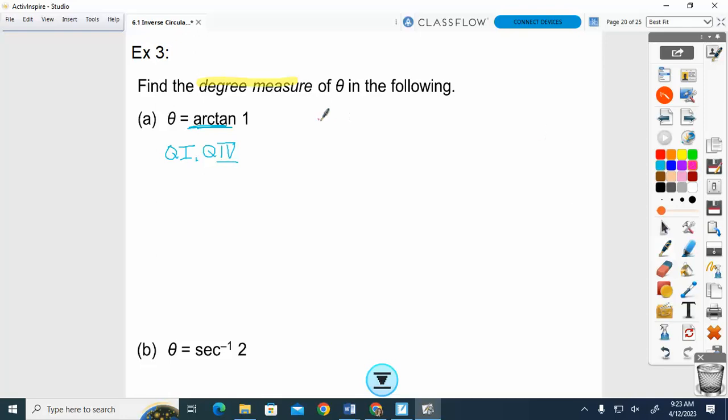What this means is tangent of some angle equals 1. We're finding that angle. If it's a positive 1, which quadrant would we use? Quadrant 1. And it's going to be 45 degrees. If you think about your hand trick, tangent is square root of the top over square root of the bottom. We're in degrees, so tangent is 1 at 45 degrees.